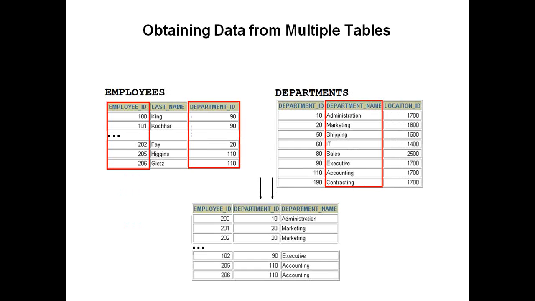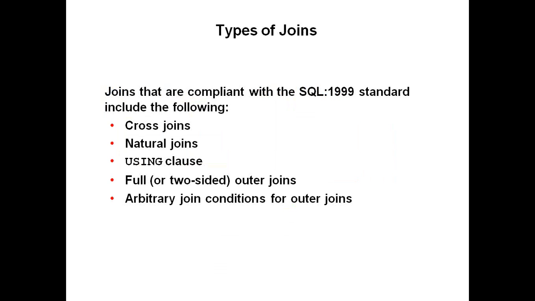In the slide you can see we are picking up two columns from the first table, that is employees, and we are picking up one more column from another table, that is departments, and we are combining all these three columns and displaying them on the console. So this is what joining does, and we have these types of joins.